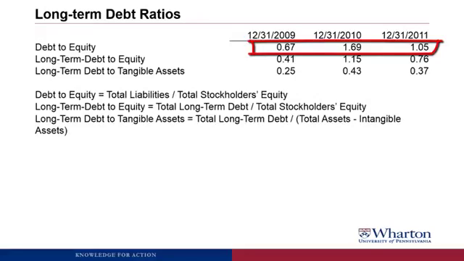If you look at financial institutions, they're as big as 17 to 20. I would think for manufacturing companies, you would tend to see something more in the 2s or 3s. So this is a fairly low debt to equity ratio.